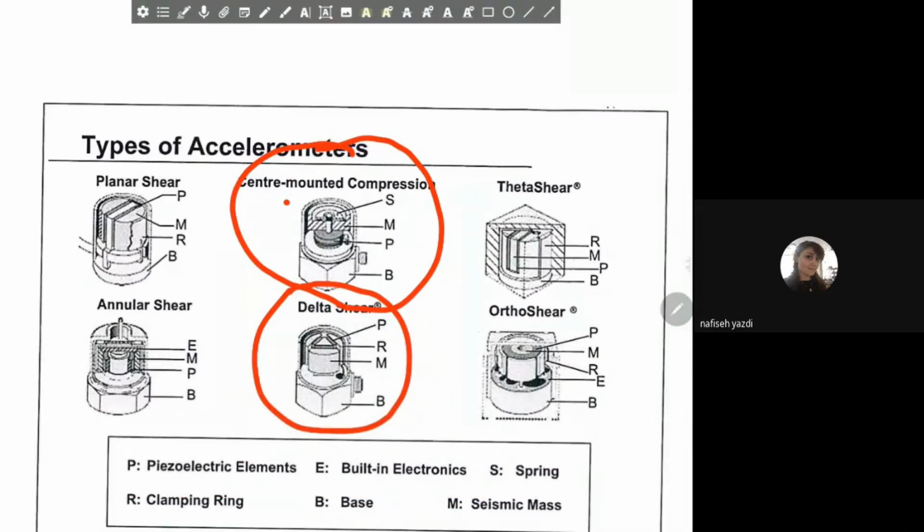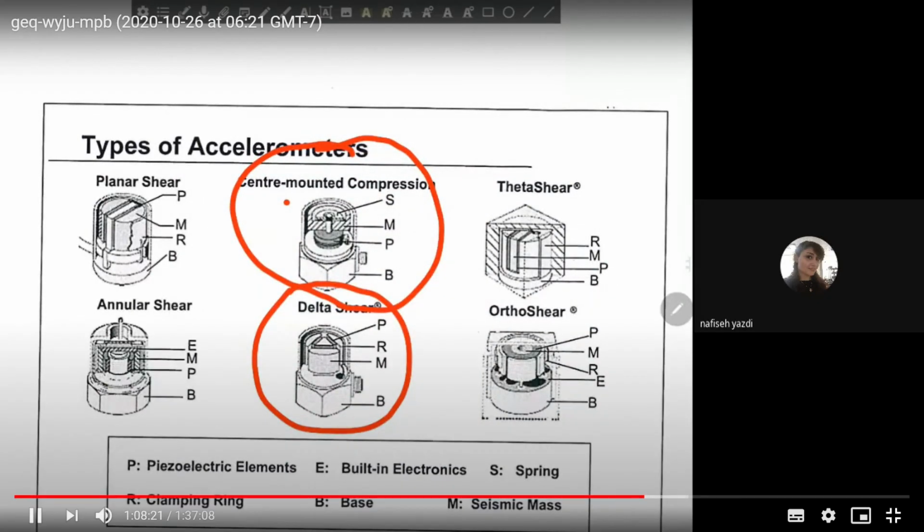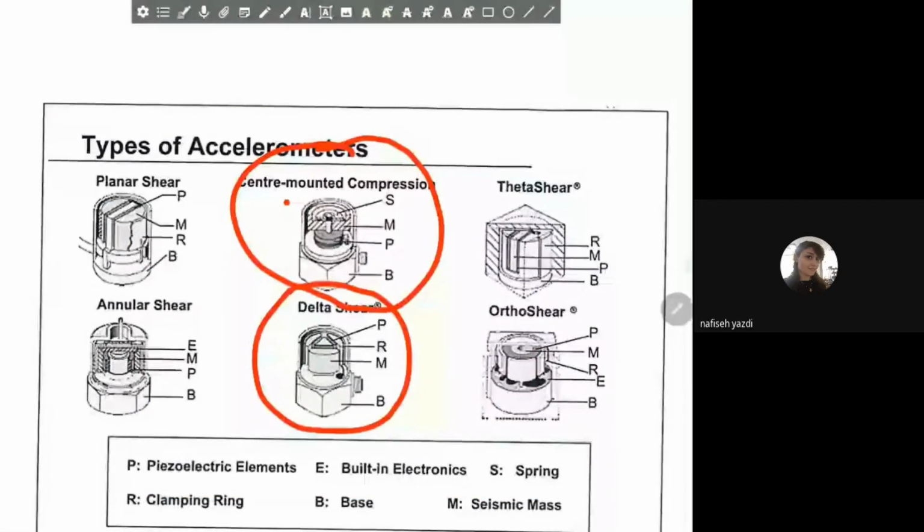And we can use this very easy configuration to further miniaturize all the electronics that could be considered inside the accelerometer. By the way, the dimension, as I said, is some millimeters, so they are very, very tiny.